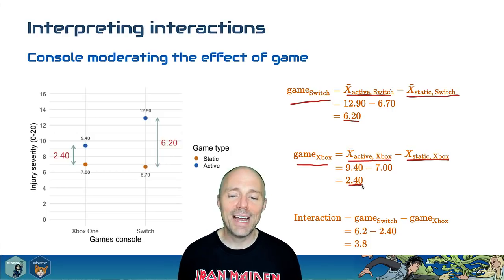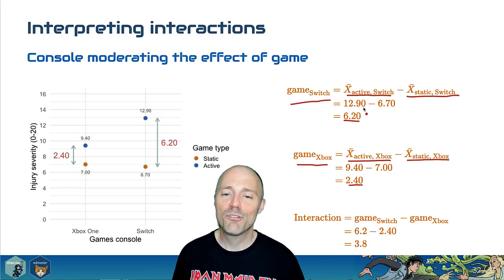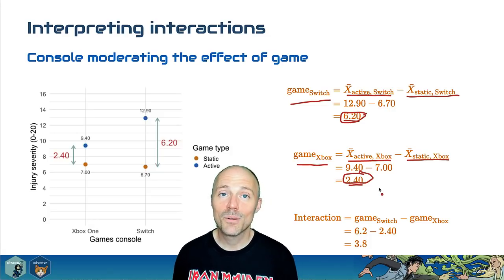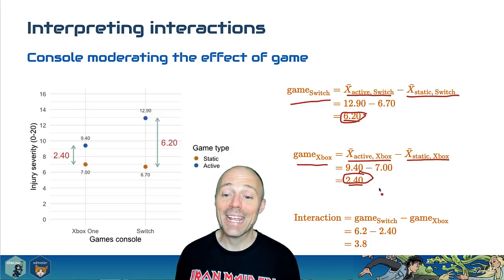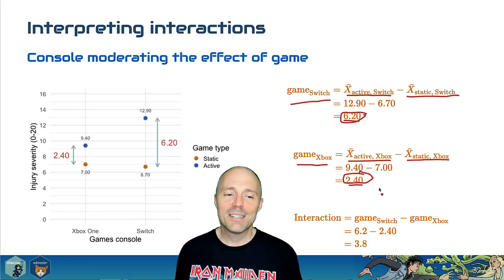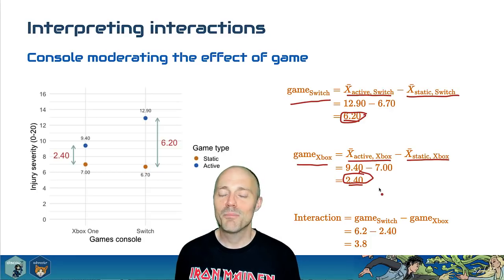So the interaction effect is the difference between these 2 values. It's the difference between the effect of game when you're playing the Switch and the effect of game when you're playing the Xbox. It's 6.2 minus 2.4. That's where our 3.8 comes from. So it's telling us the relative difference in the effect of game on the Switch compared to the Xbox.